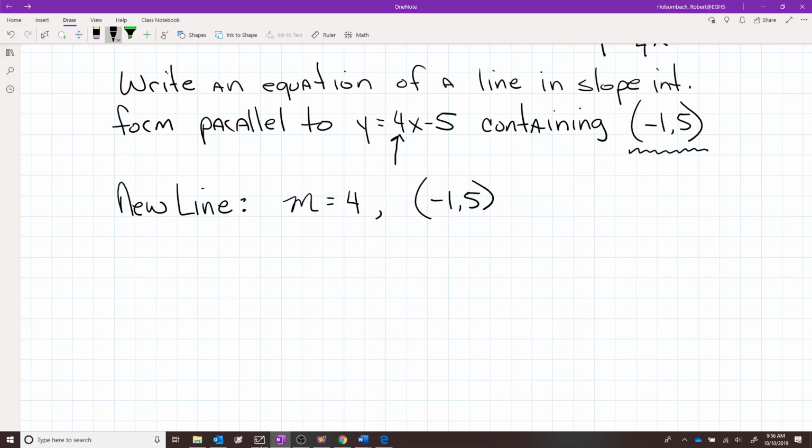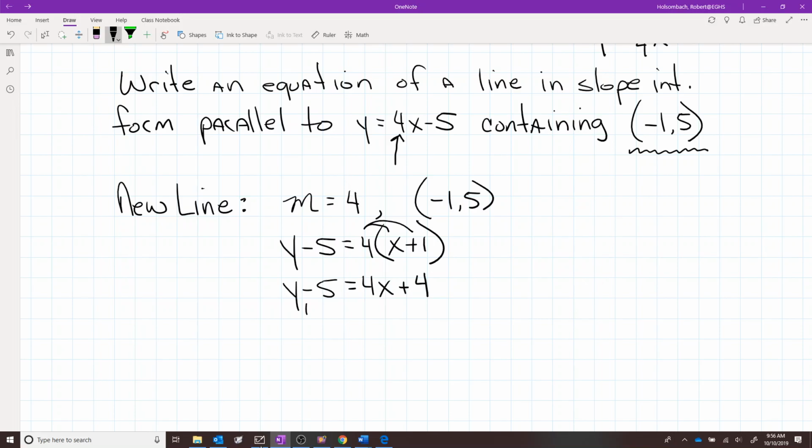If we take that information and put it into point slope form, we get y minus 5 equals 4 times x plus 1. There's your new line in point slope form. If you distribute this 4 now, then y minus 5 equals 4x plus 4.